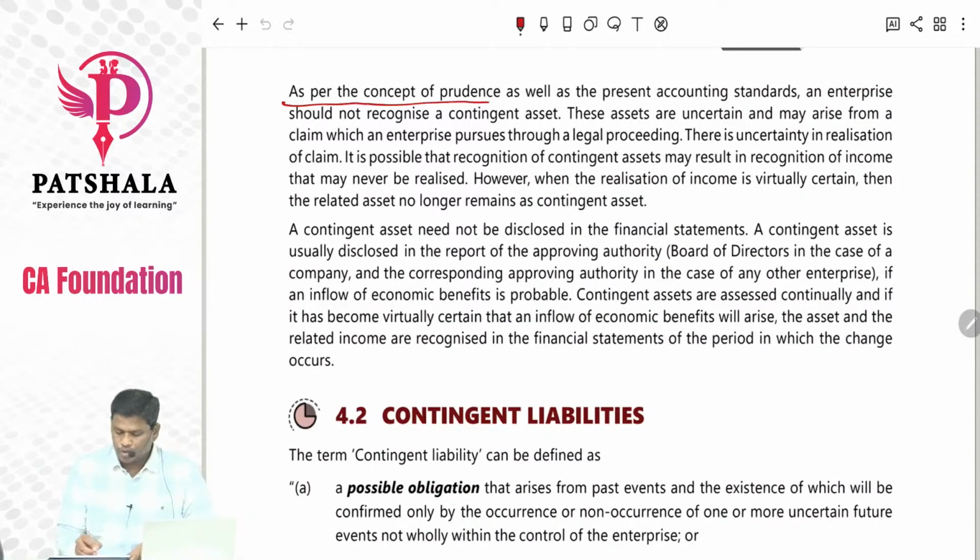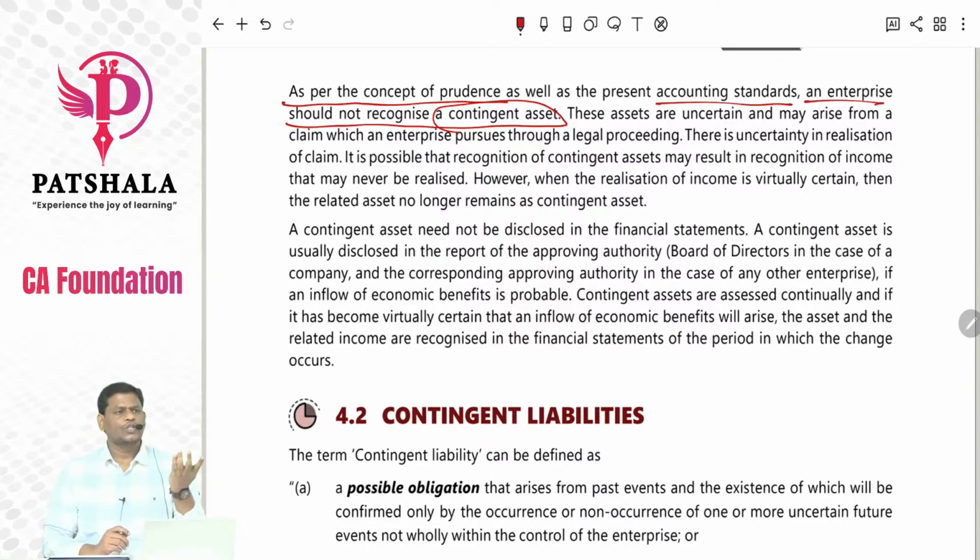As per the concept of prudence as well as present accounting standards, an enterprise should not recognize. Why? Prudence says: expect all possible losses, ignore all possible gains.